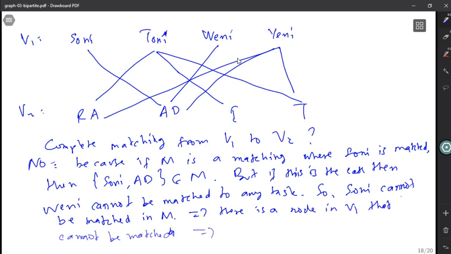So therefore there is no complete matching in the graph, right?